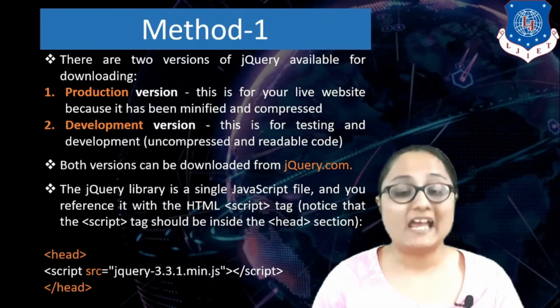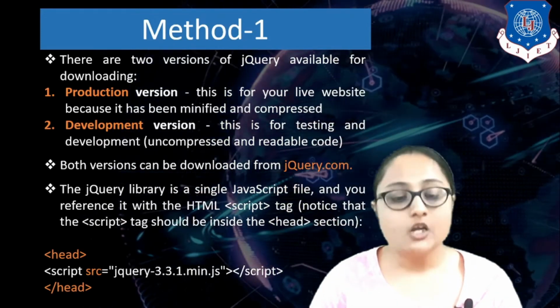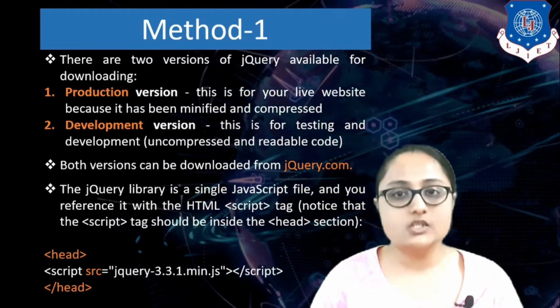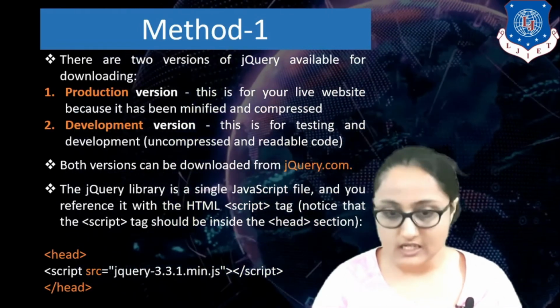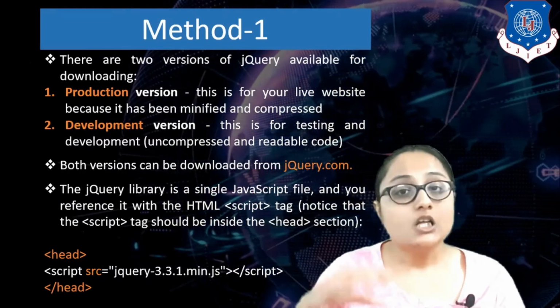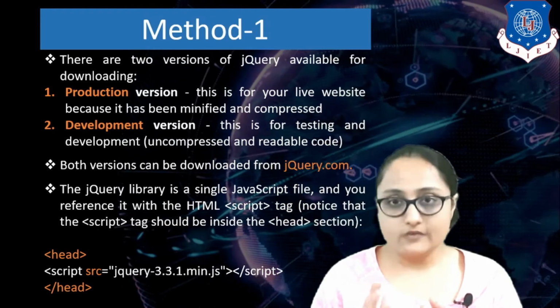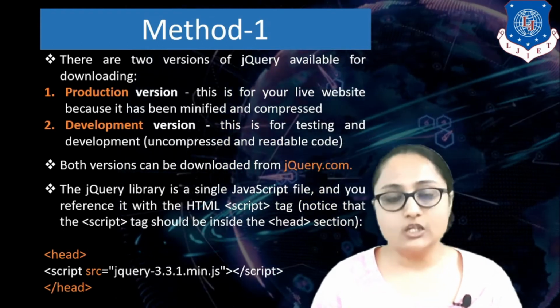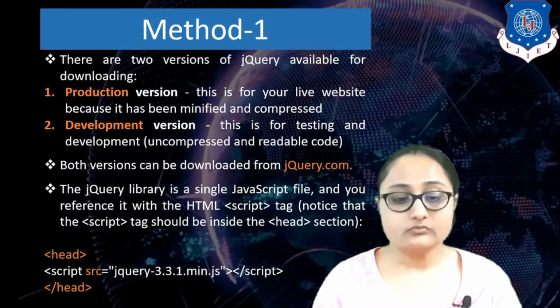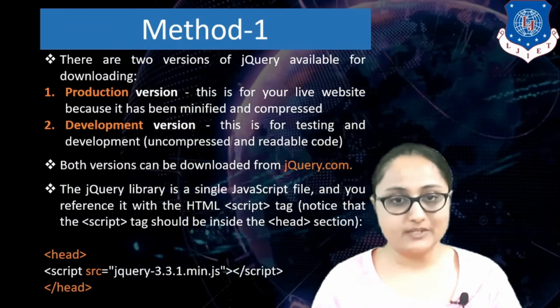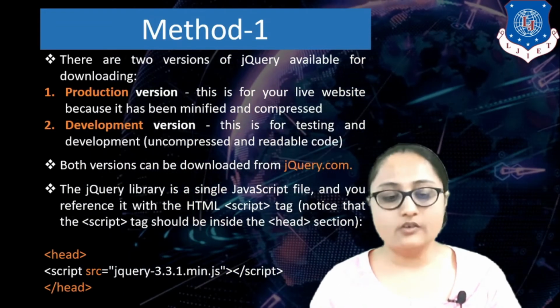Both versions can be downloaded from jQuery.com. What you need to do is download this jQuery file. It is a simple .js file. You download it and put it in a folder. Now, whatever HTML page you are developing, in the head portion you just write script src and the file name.